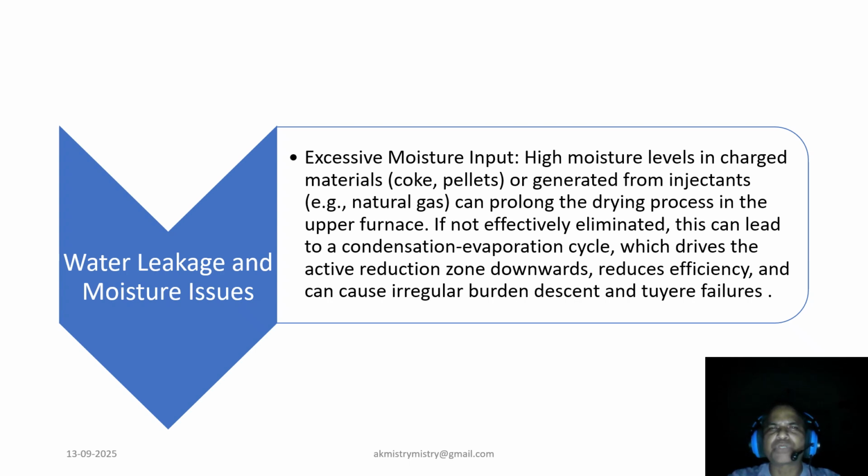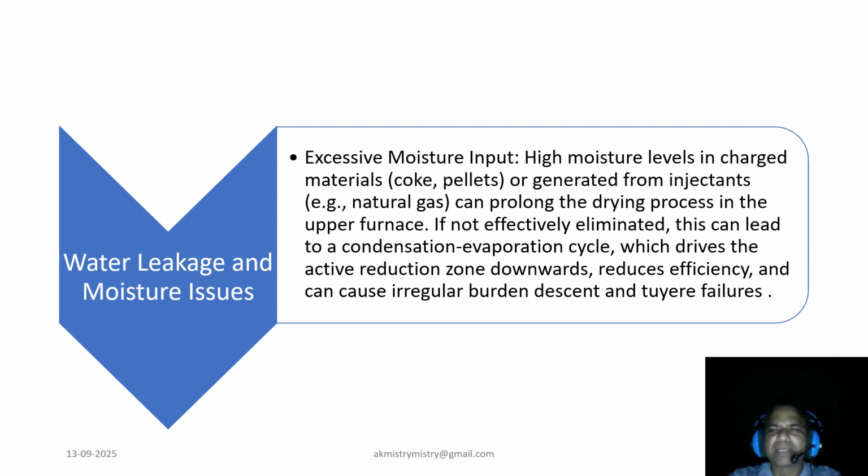So, in conclusion, hanging and sleeping are very complex issues rooted in non-collapsing bridges in the cohesive zone. Key causes include excessive gas pressure, high liquid level, poor permeability from fines, suboptimal material properties, inadequate coke, thermal instability, insufficient gas reduction, wall adherence, and moisture issues.